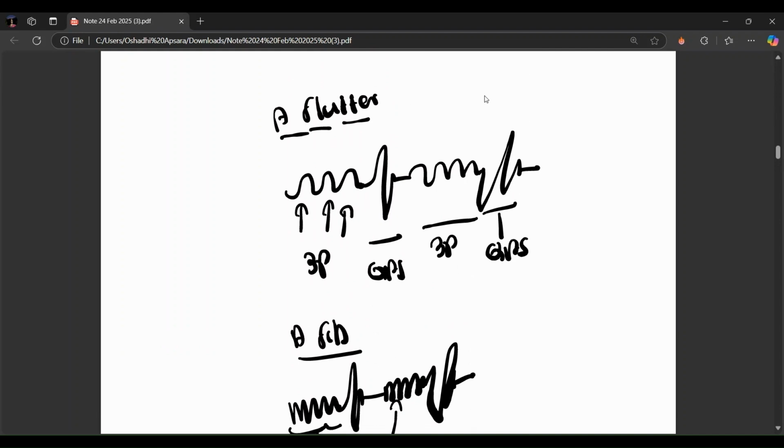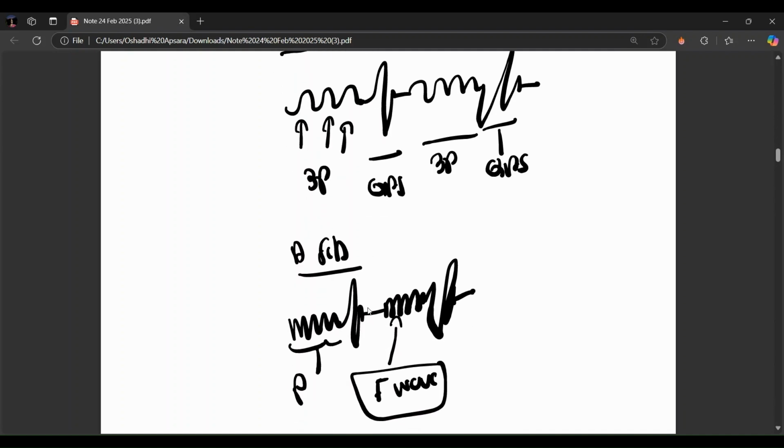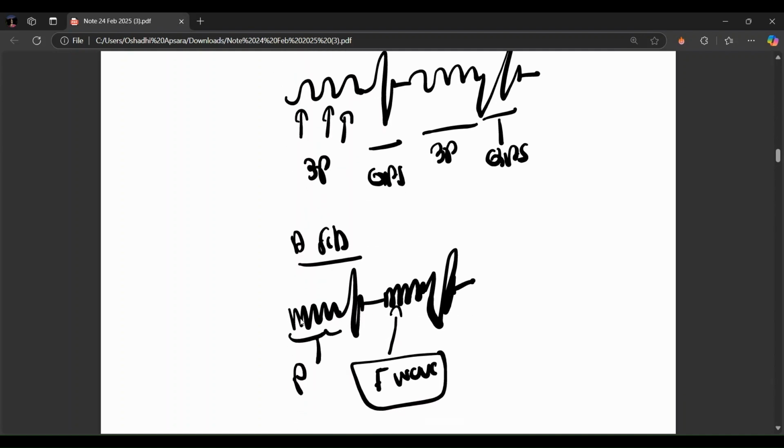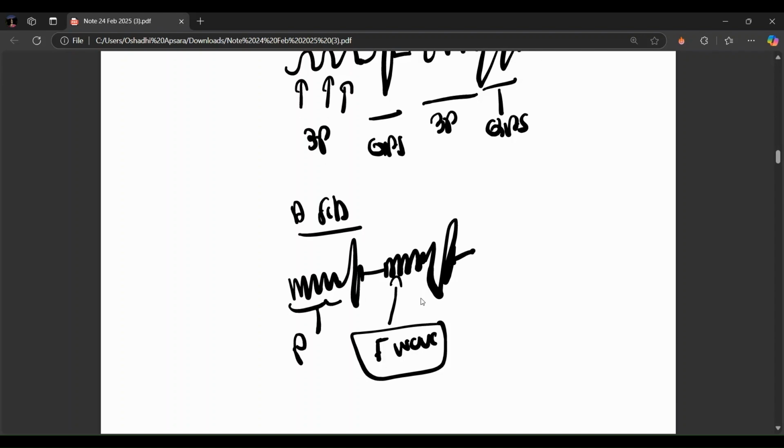The flutter is like this. So you could count these 3 P waves, then a QRS complex, again 3 P waves, QRS complex. And what is happening in atrial fibrillation is, it is like this. You cannot count these P waves.